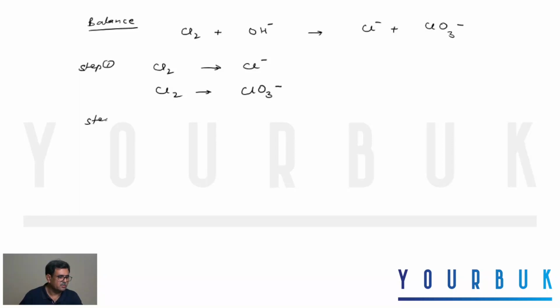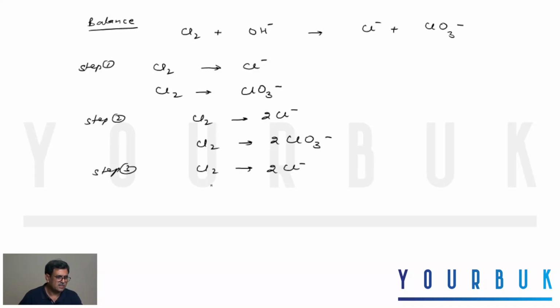Now step number 2, balance all atoms except O and H. So we are balancing the chlorine, writing 2 on the right hand side in both the half reactions. Now step number 3, balance oxygen by adding water. In the first case there is no need to write water because there is no oxygen.